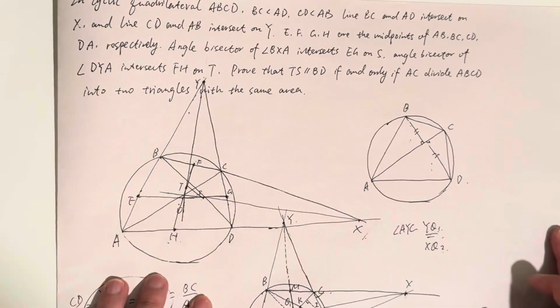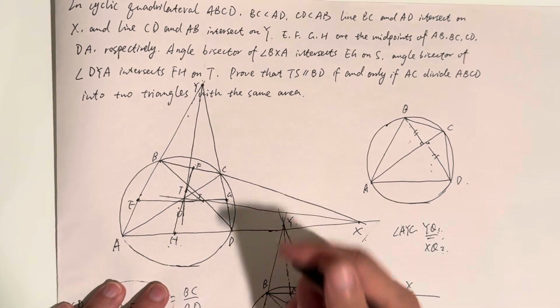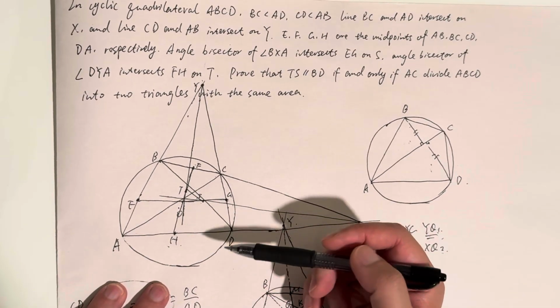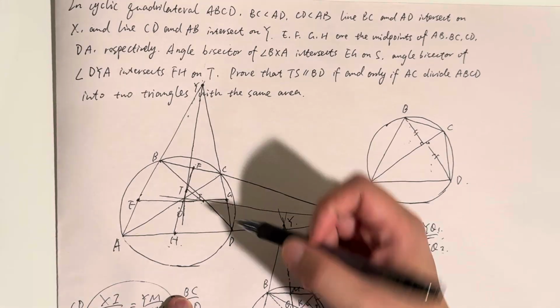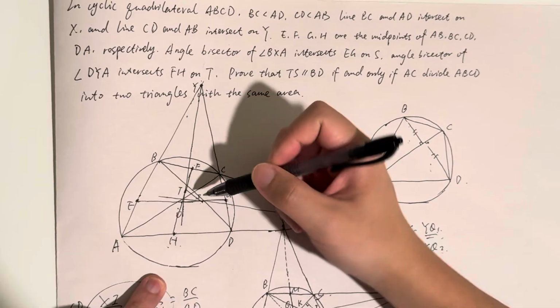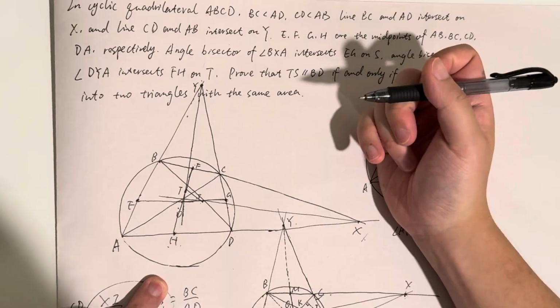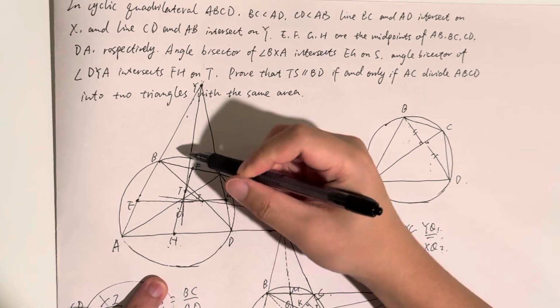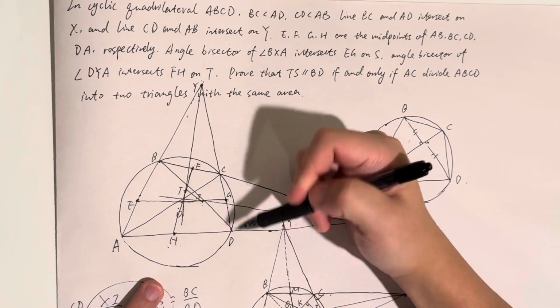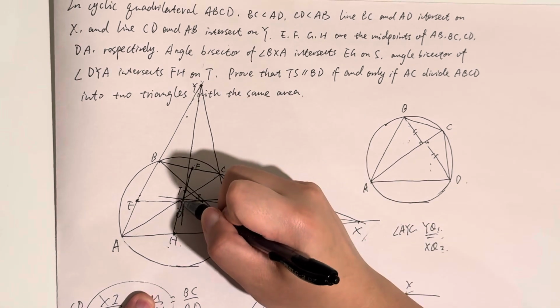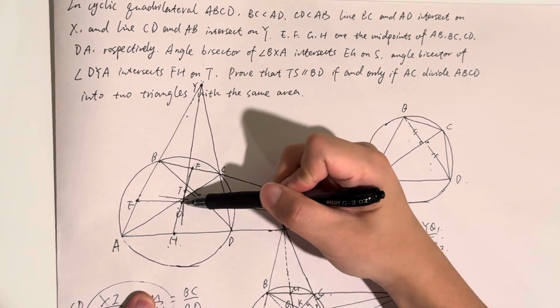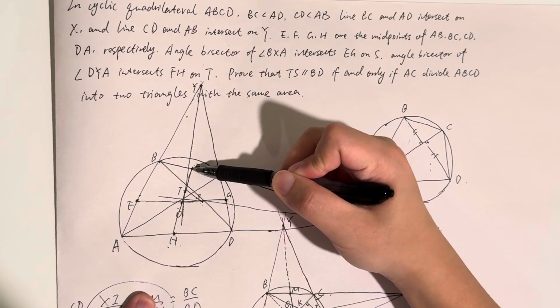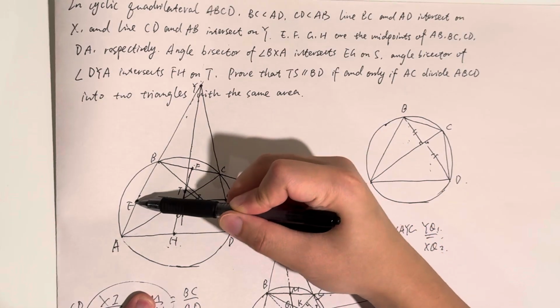Just neglect that for now. Let's think about the problem that we want to find, that TS would be parallel with BD, right? Okay, think about this point, the intersection point of FH and EG.